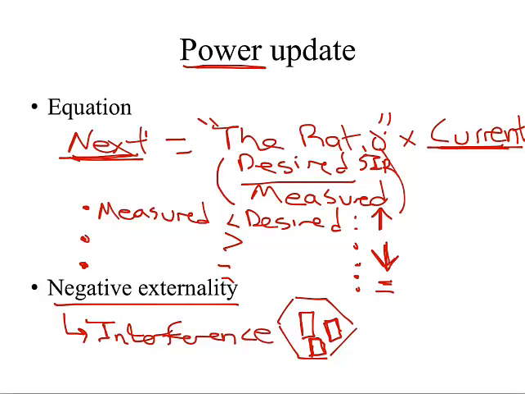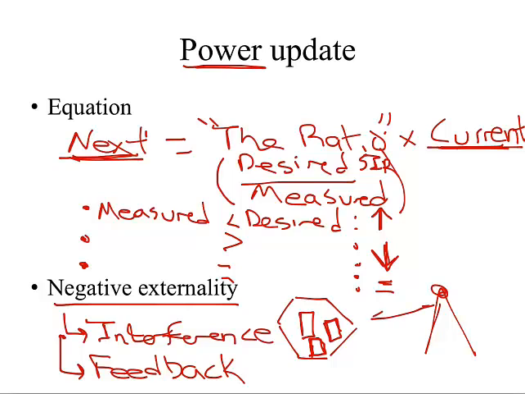And so what this power update does, essentially, is it's a form of feedback. And what the feedback does, the feedback sends a signal back from the tower to each of these devices that tells them basically, oh, you're too high, or oh, your power's too low. And it causes them to, what we say, internalize the negative externality that they're causing on everyone else.